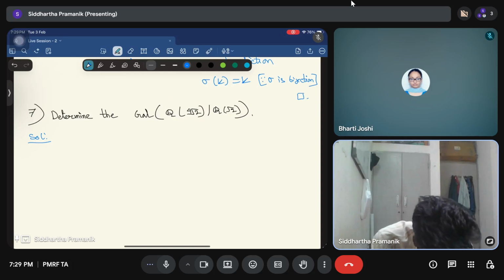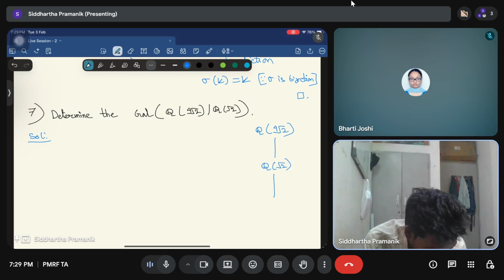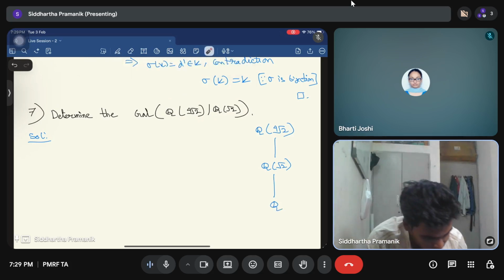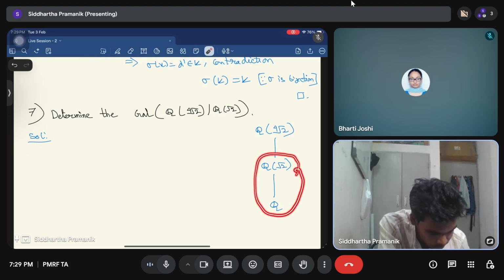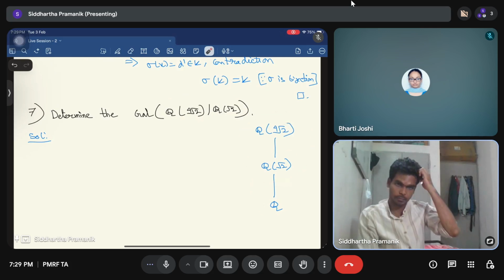So let's draw this picture. Here we have Q adjoin the real fourth root of 2, here we have Q adjoin root 2, and here we have the prime subfield which is Q. We have seen how to find the Galois group of this, so we need to find the Galois group of this thing.